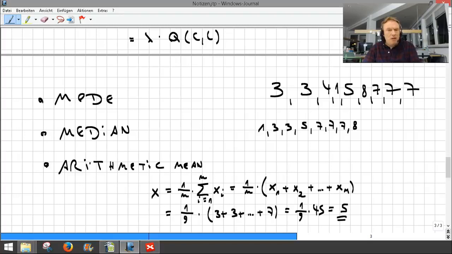Oh, I forgot the 4. So once again, it is 5, it is 4, it is 3, 3, and 1. Let's take a look. Are those 9 numbers or not? So 1, 3, 4, 5, 6, 7, 8, 9, which is true now. So that's the sample again, but put into a different order.